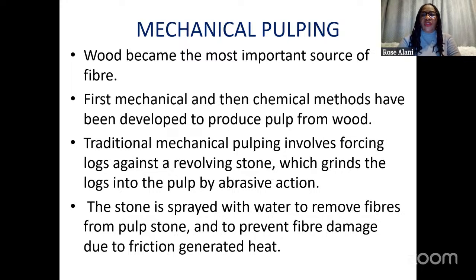And also, of course, heat will be generated during the process. So water is poured in to remove the fibers from the stone and also to prevent the fiber from being damaged due to friction that is generating heat.